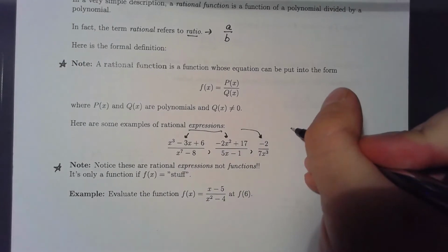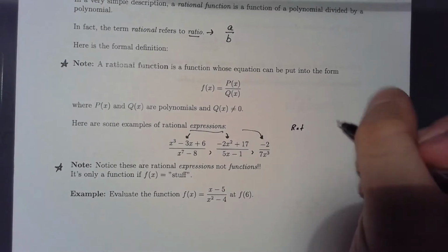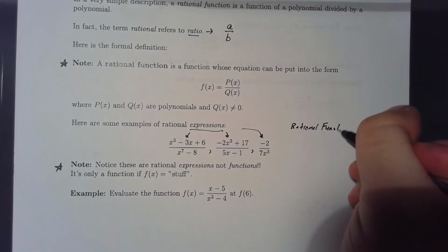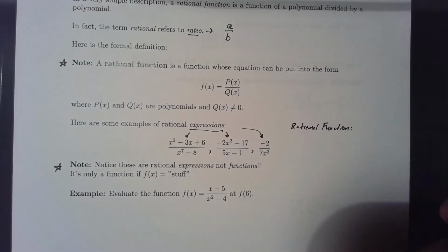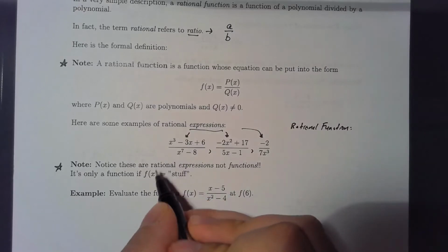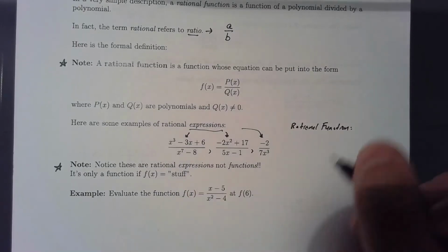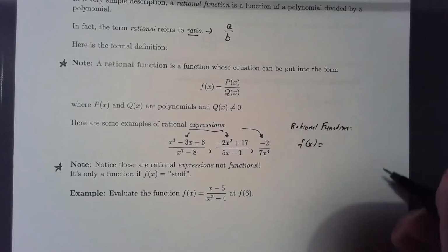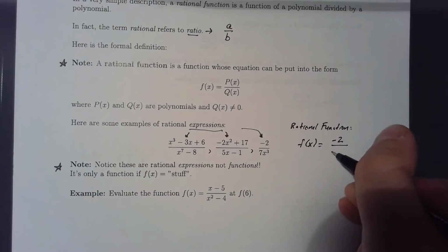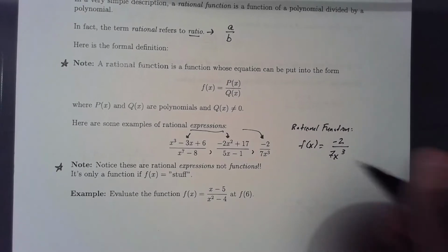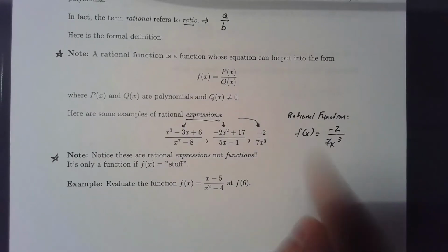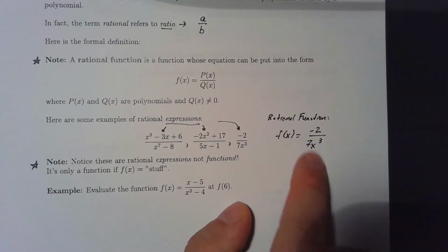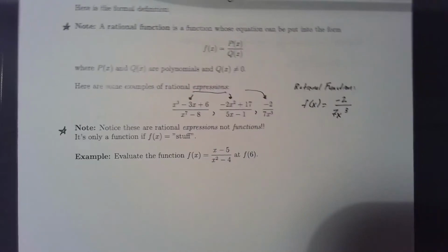A rational function is if I let f of x equal one of these. So for example, I'll just use the smaller one. Now it's a rational function because it's equal to f of x. This is a rational expression. This is a rational function. That's the only difference between the two.